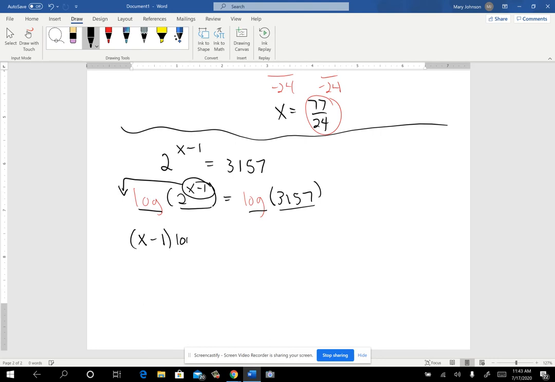So now we have this, and that's just times. All right, equals log of 3,157. All right, so now at this point, this looks hard, but really that's multiplication right there. So, log of 2 is just a number, and log of 3,157 is just a number.